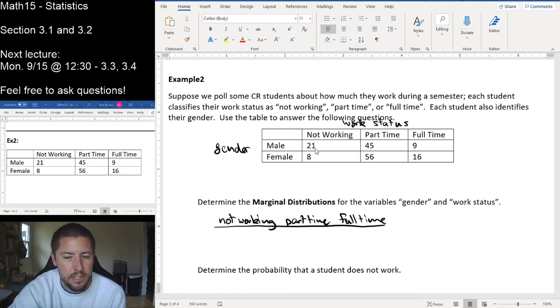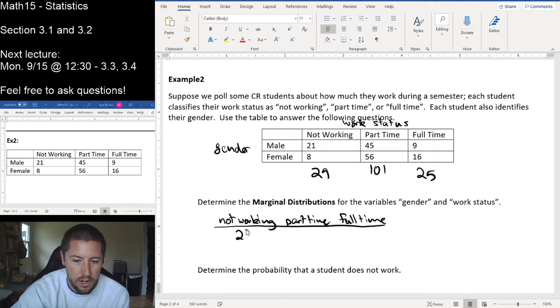The easy way to do this is we just do a little vertical addition right there. 29, looks like here 101, and it looks like here 25. This is my distribution of work status. I can see that there are about 150 students, about 100 of them work part-time, about 25 each don't work or work full-time here as well. So here is my marginal distribution for work status.